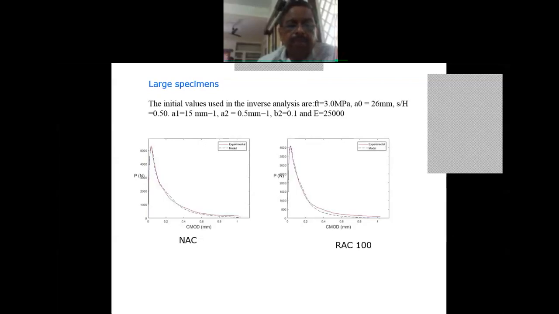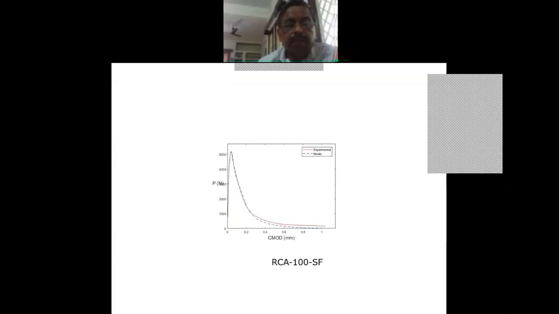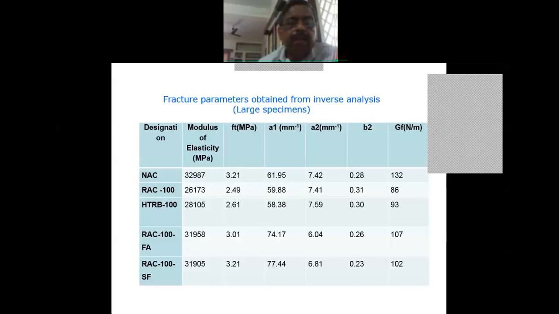So if you see NAC and recycled concrete aggregate, and heating and rubbing, and fly ash and silica fume concrete, we have tried and plotted these and then we arrived at these parameters. Definitely FT is varying and then this parameter also changes.